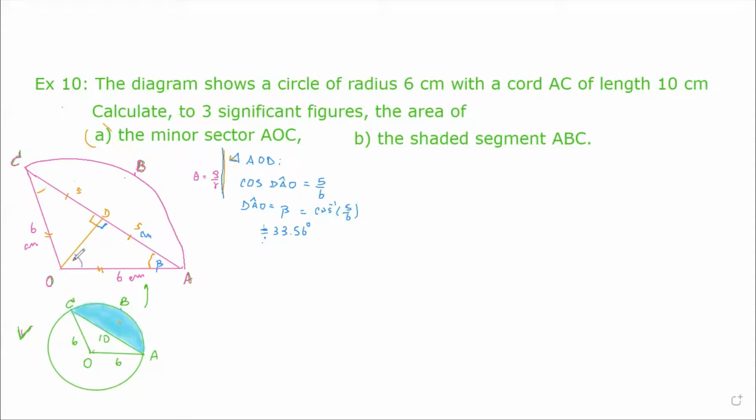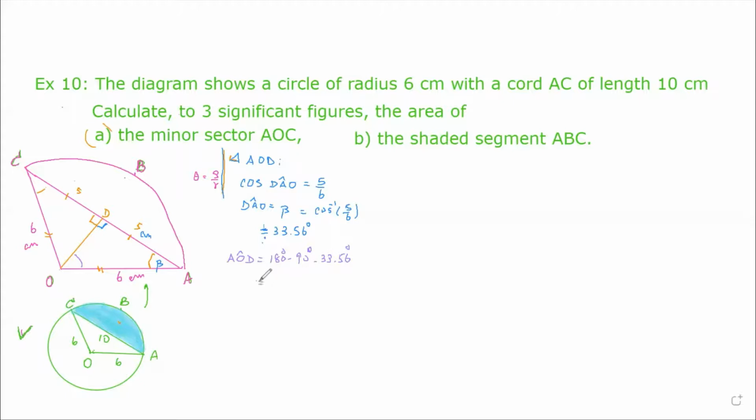We call this one theta, right? So find the angle AOD, which equals 180 minus 90 degrees, and minus beta 33.56 degrees.